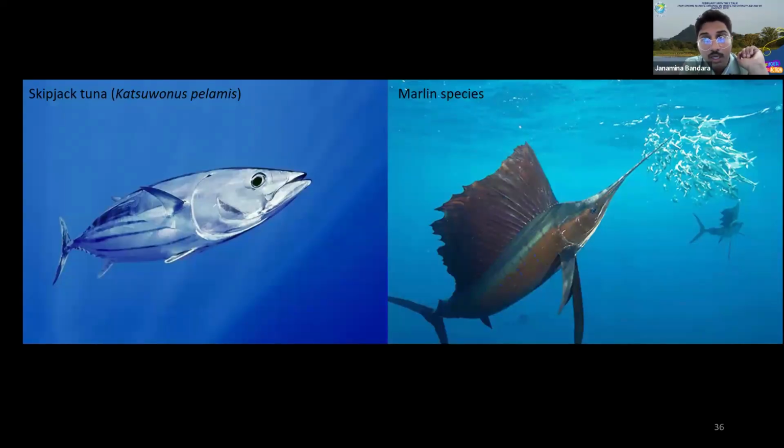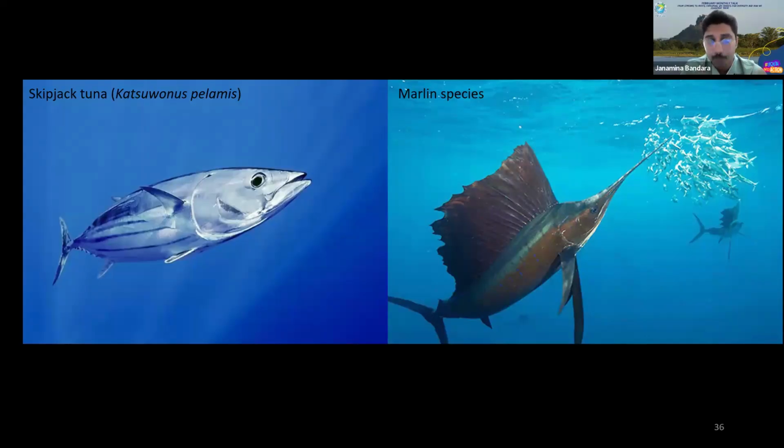Two predatory fishes are really important in Sri Lanka: the skipjack tuna, Katsuwonus pelamis, and the marlin species. I haven't included scientific names for the marlins because it's a really diverse group, with different genera of these marine species. Basically, these species live in the water column, and they are predatory fishes that move very fast.